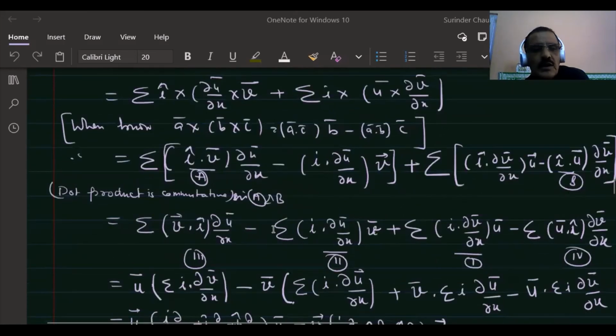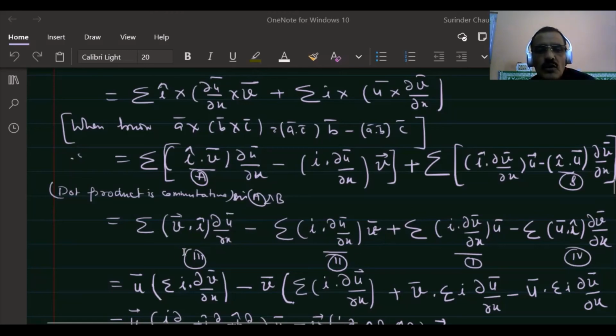The dot product is commutative, so we can rearrange the terms. How is the term iota written? Del is equal to the summation of iota partial, so iota dot v is equal to v dot iota.